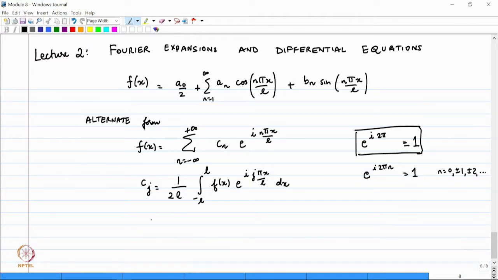So, this is the alternate form of the Fourier series, and very often this is used.